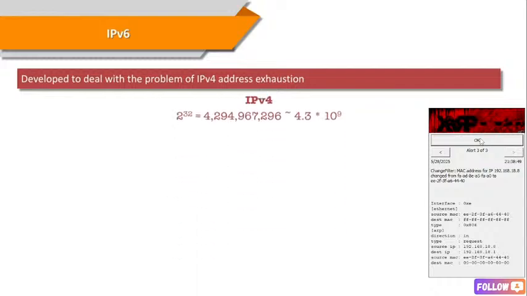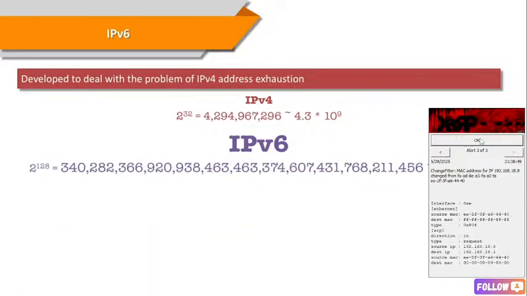So instead of 32-bit addressing of IPv4, which provides approximately 4.3 billion addresses, IPv6 uses a 128-bit address. So that theoretically gives us 2 to the power of 128, or approximately 3.4 times 10 to the 38th addresses. Big number.